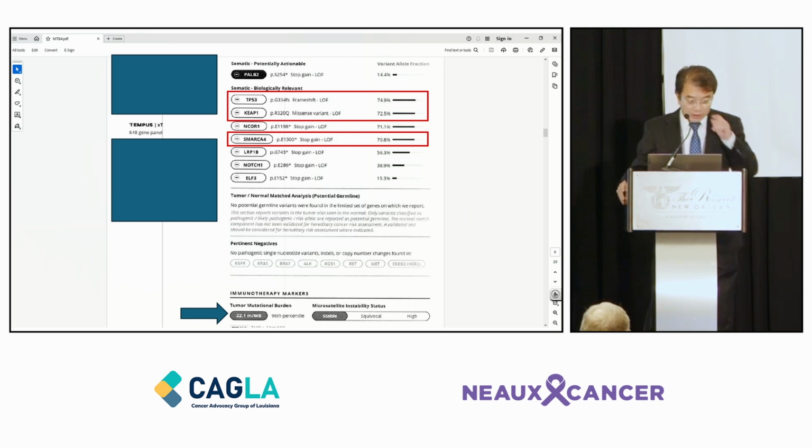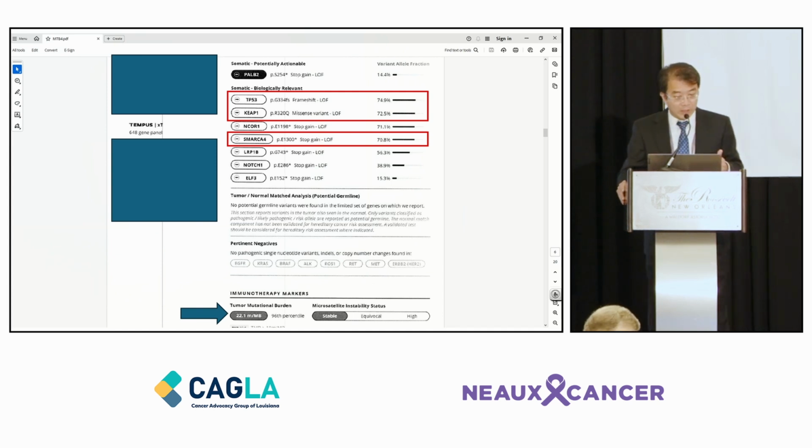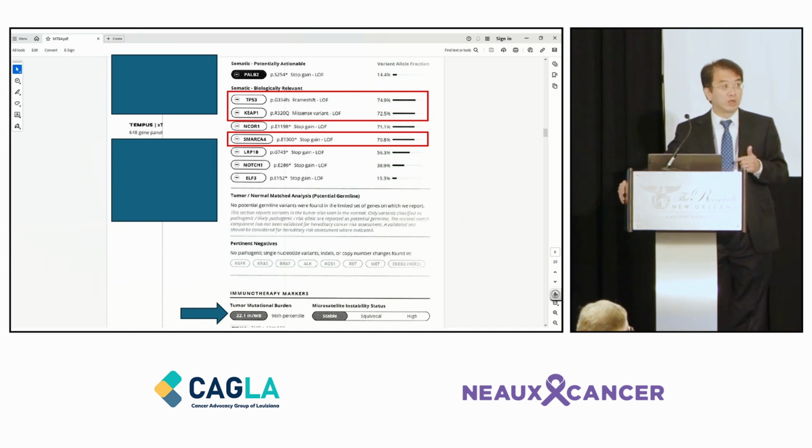The second one I highlighted is KEAP1. The function of KEAP1 is relatively complicated, like a cell defense against environmental stress, oxidative stress. It's complicated, but you can think of it functionally as a tumor suppressor. The next one I highlight here is SMARCA4.